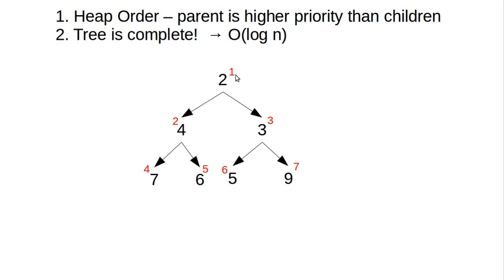And so what's going to happen is I'm going to represent my binary heap not as a tree, but instead simply as an array. I'm going to leave the first element blank.